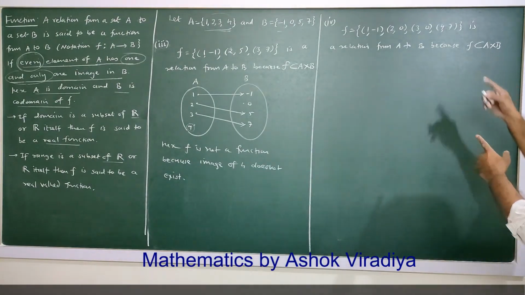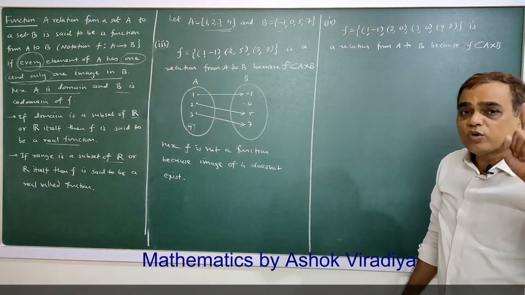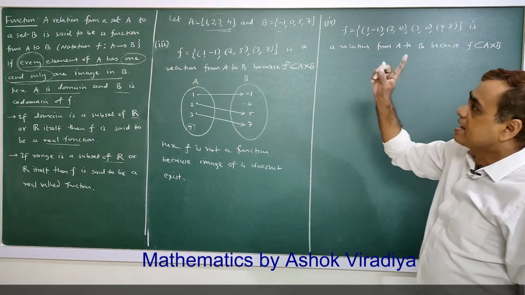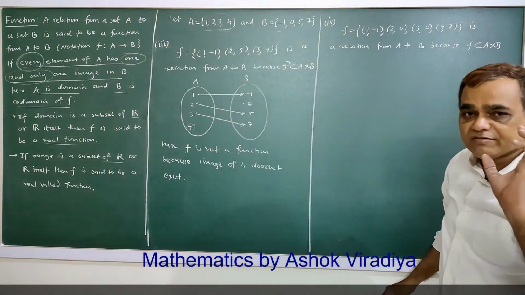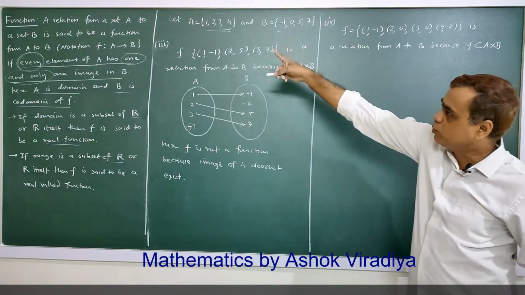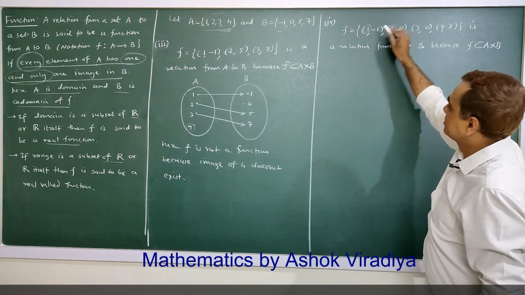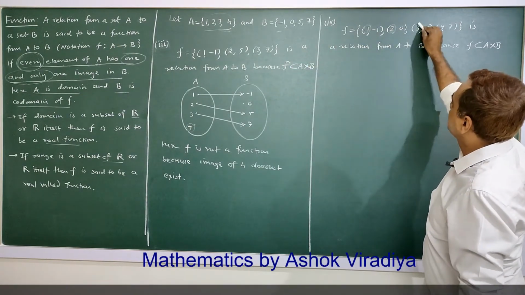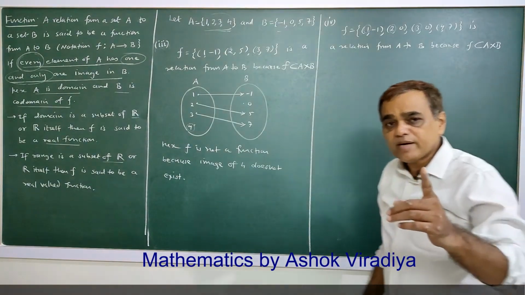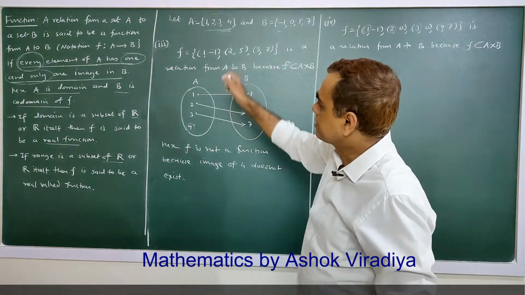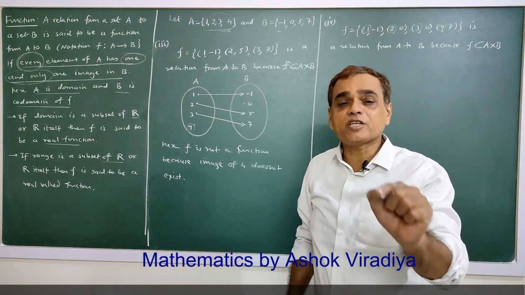Now is it a function? So check this relation. What is the condition? Every element of the first set, check in first place. See, 1 is here, 2 is here, 3 is here, 4 is here. Every element appears in first place and without repetition.